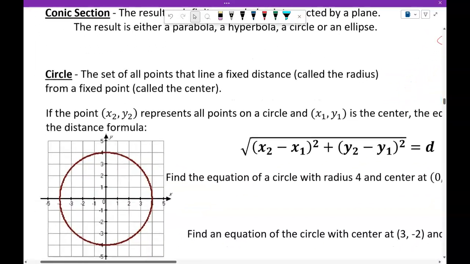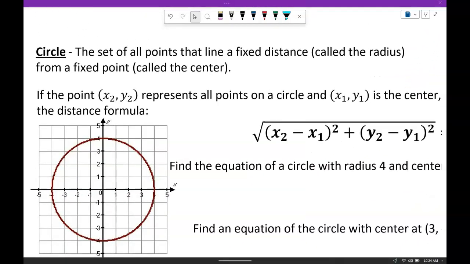So to give our definition of a circle, it's the set of all points that lie a fixed distance, called the radius, from a fixed point, called the center. Like with a parabola, the starting point, or anchor, of a circle, instead of the vertex, we refer to as the center.